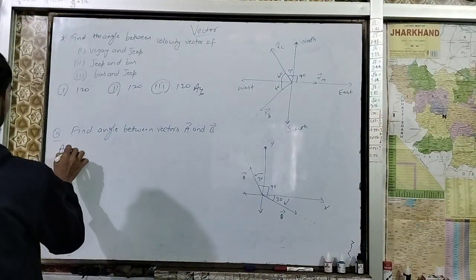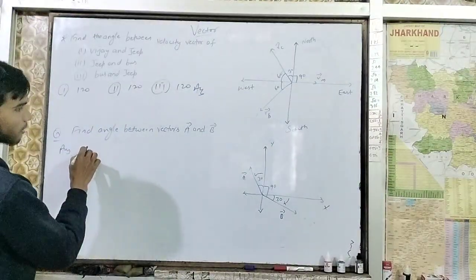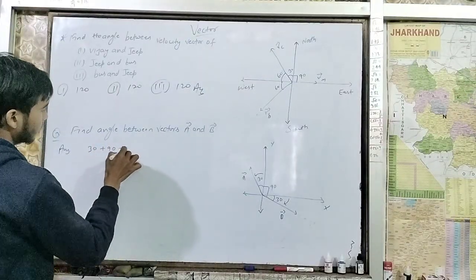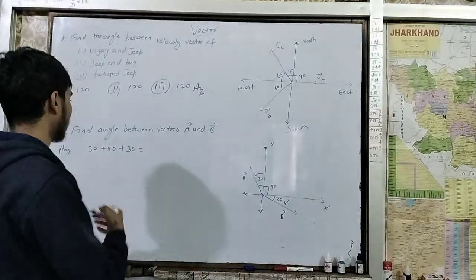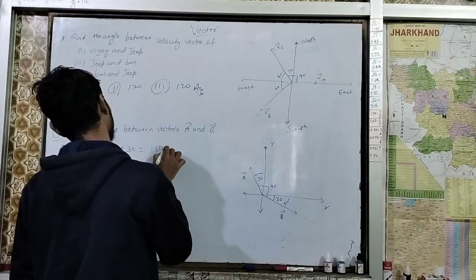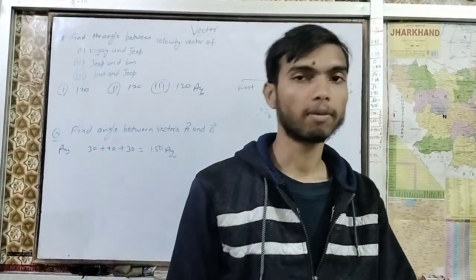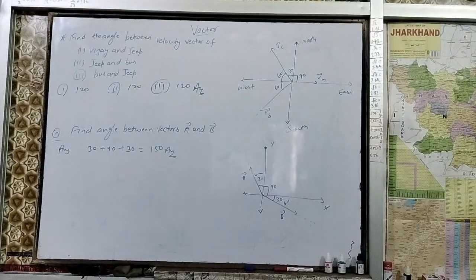So just write 30 plus 90 plus 30: 90, 30 is 120, 120, 30 is 150 degree. 150 is the answer for this question. Clear?